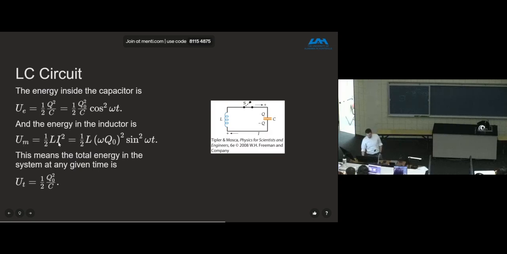And the max current, at least, you could show is going to be equal to omega Q naught. So we make that substitution, and we get 1/2 L times omega Q naught squared sine squared omega t. Which means that the total energy in the system at any given time is equal to 1/2 Q naught squared over C.